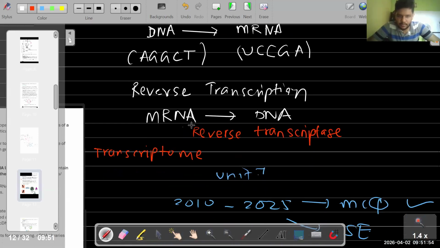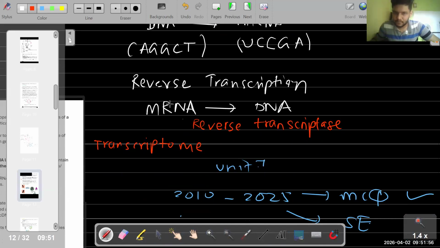So, here, can you see mRNA? Is mRNA double stranded or single stranded? Normally, RNAs are single stranded. So, mRNA is also single stranded.